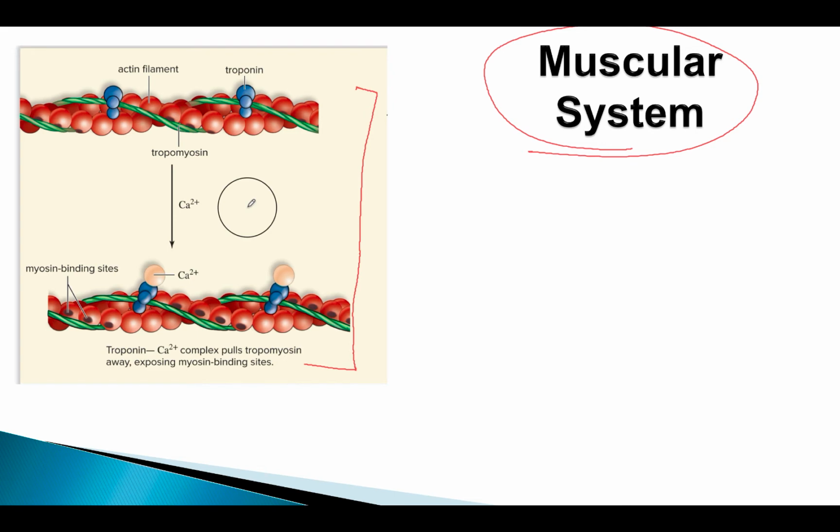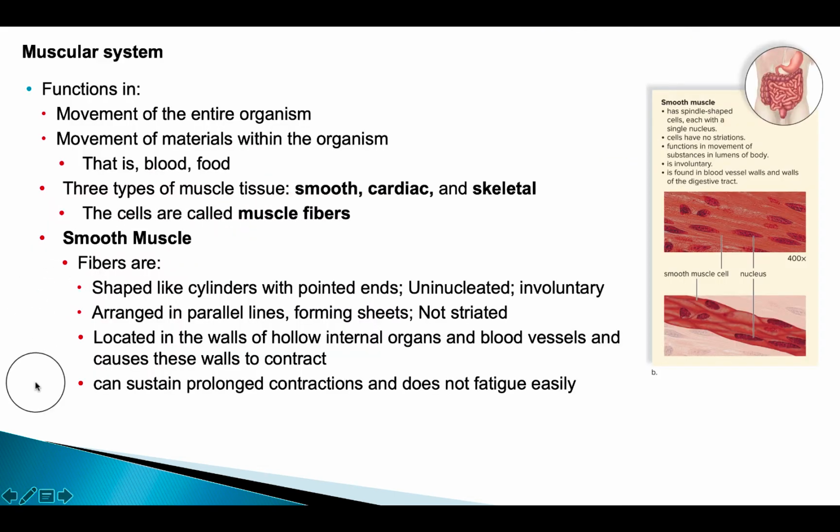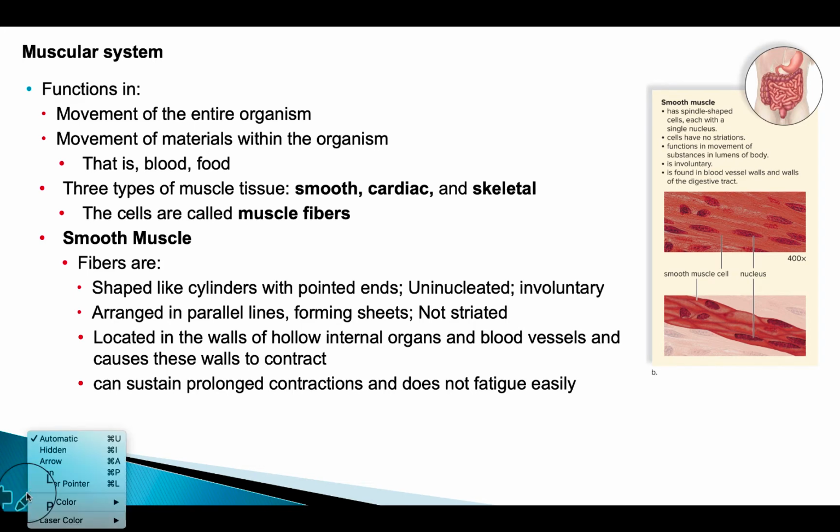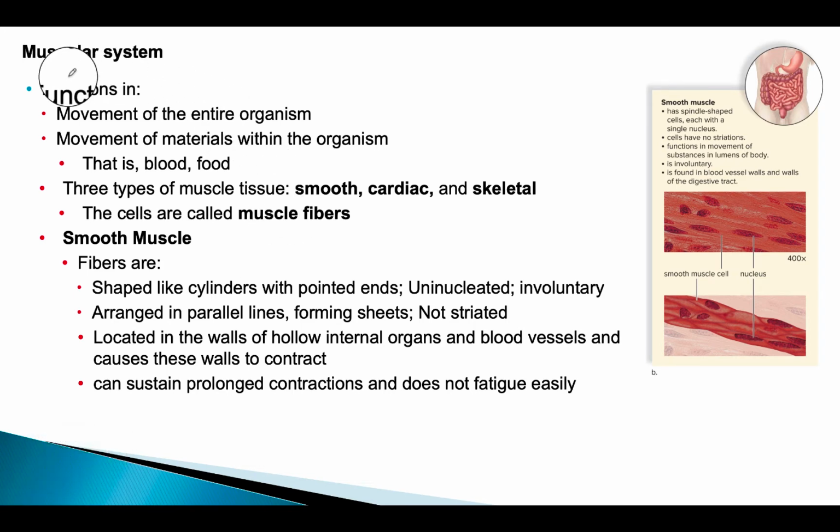So our next slide shows us the muscular system and what the function is. The muscles have several functions, and of course the main function would be for movement, right? We are able to move because the muscles contract, allowing us to create movement. Not only can we physically move utilizing our muscles, they are also responsible for movement of materials within an organism, like the blood, for example.